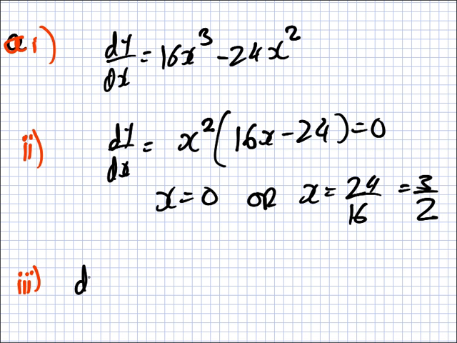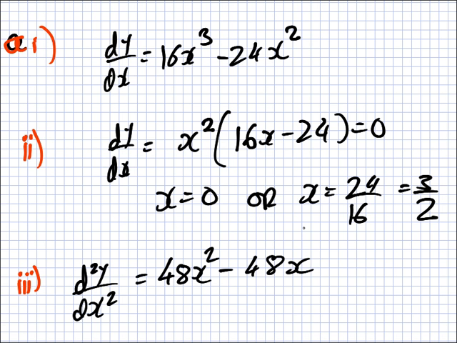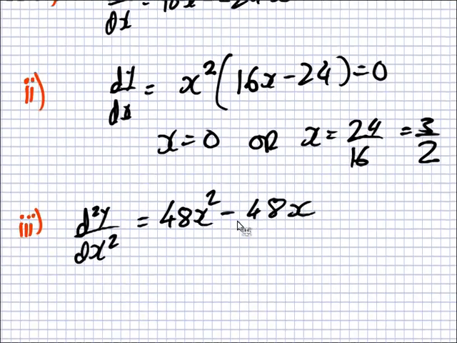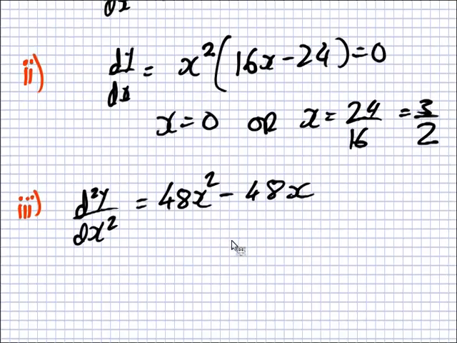So if we calculate the second derivative, what do we get? 48x squared minus 48x. Now you see, if you put in 0, you get 0, don't you? And if you put in 3 over 2, what do you get?